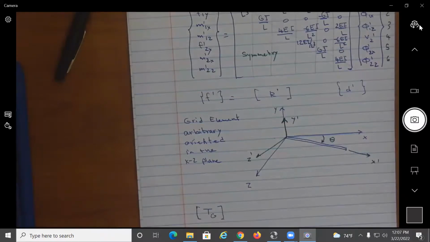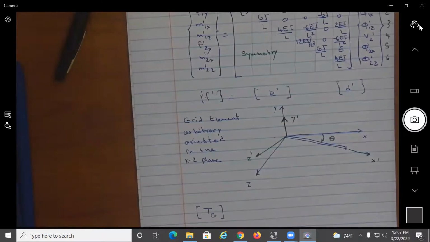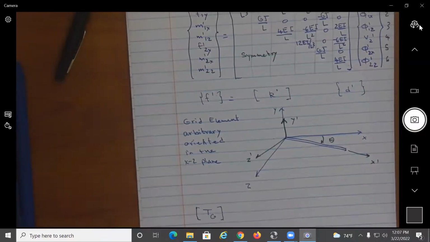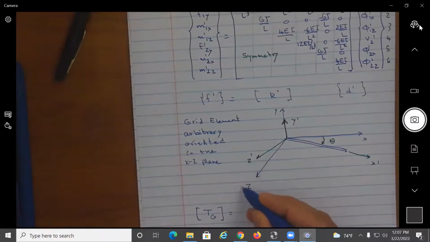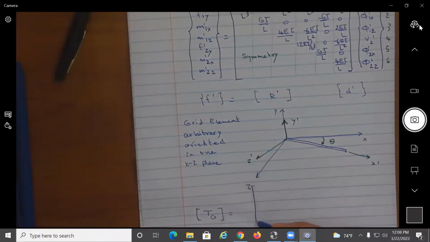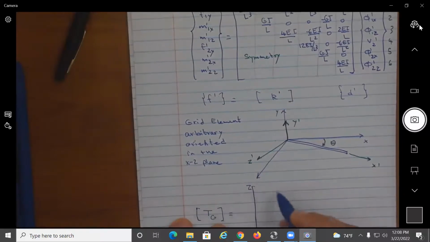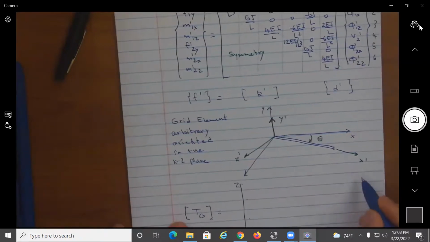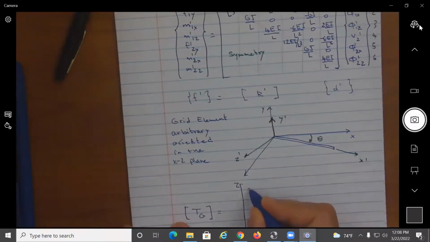The first degree of freedom that we used was displacement along the y direction. Would this get affected? No. So if I'm trying to come up here with a 6 by 6, the first element would be 1.